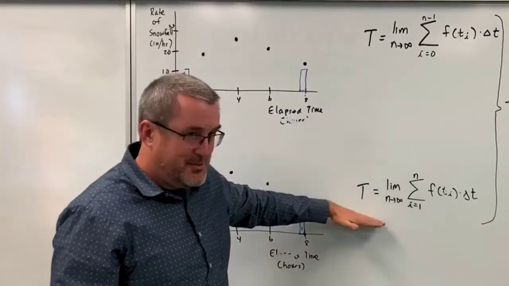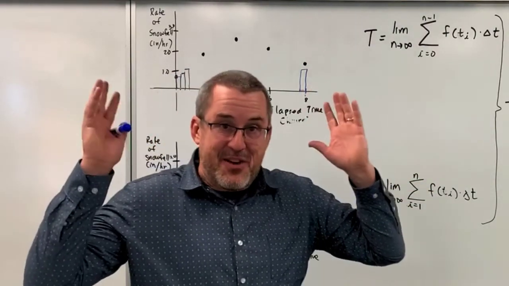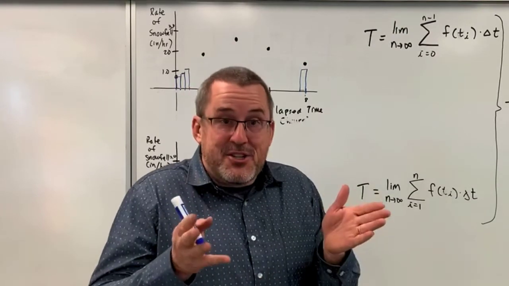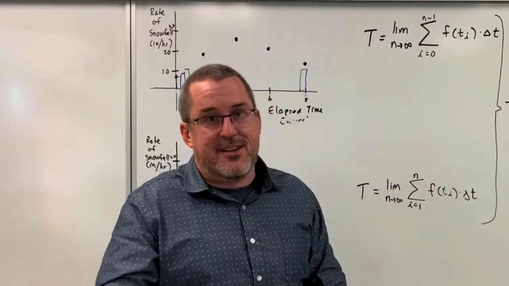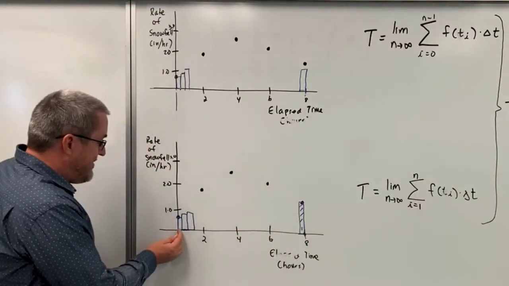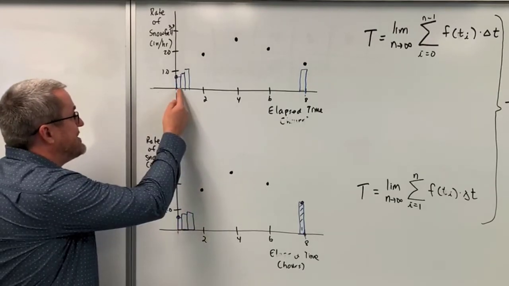Left-hand sum, right-hand sum. But since we're playing this imaginary game, this theoretical game in our brain, imagine that there's infinitely many rectangles that are infinitesimally thin. Is there going to be a big difference between the left-hand sum and the right-hand sum?